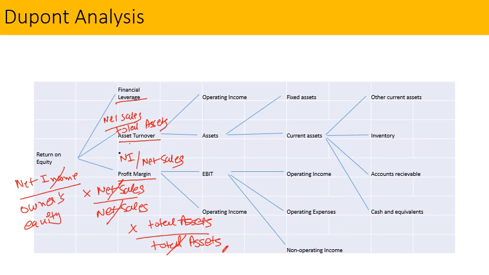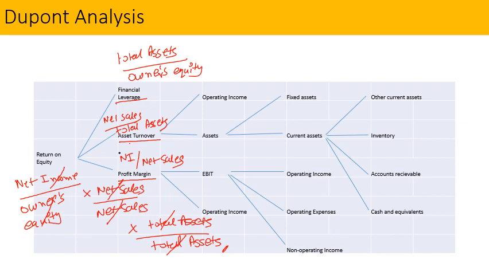The final, last but not the least, is financial leverage. Financial leverage can be written as total assets divided by owner's equity. So we will remove both of them from here and we will end up with a single ratio divided into three separate ratios. This is what is known as Dupont analysis. Why are we doing this?